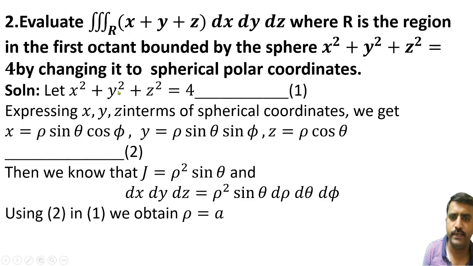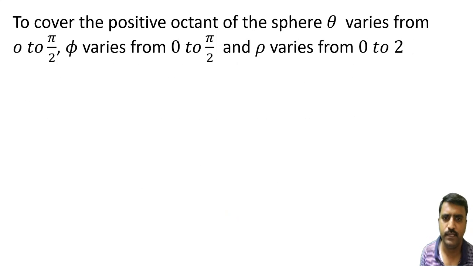If you square and add this, it gives that rho is equal to, actually, rho is equal to not a, this is 2. Rho value becomes 2. Here theta varies from 0 to pi by 2 and phi varies from 0 to pi by 2 and rho varies from 0 to 2.